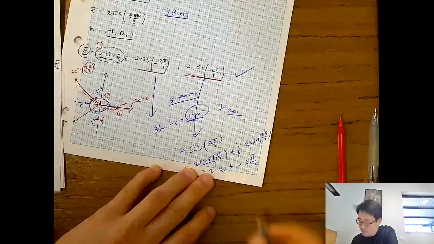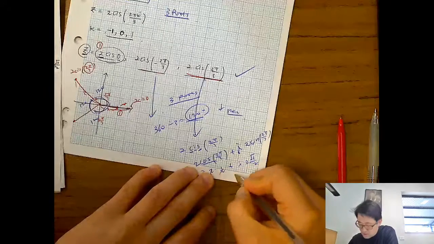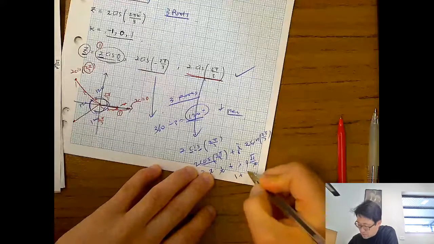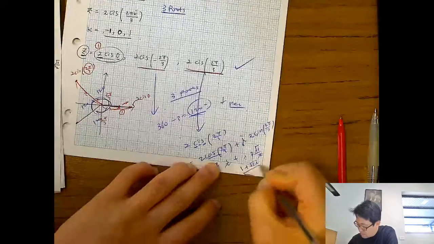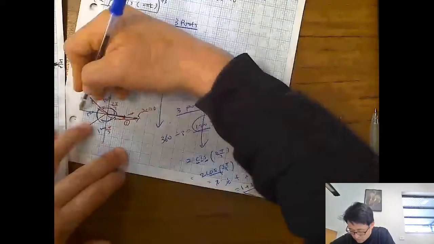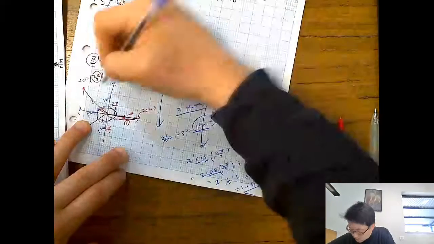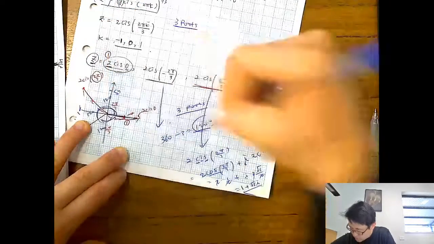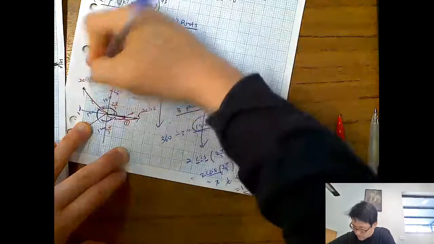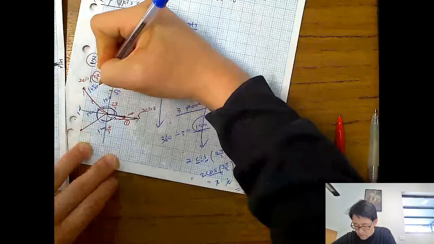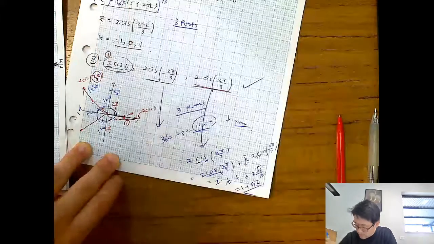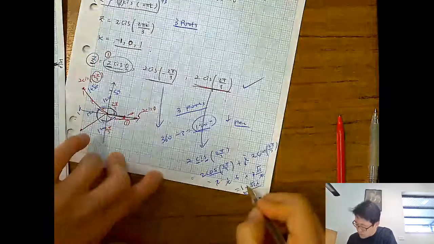You happy with that? Yep. And then cancel that out. 1 plus i root 3. So that one will move to 1 and root 3. Okay. So that is 1 plus root 3 i. Oops, sorry.